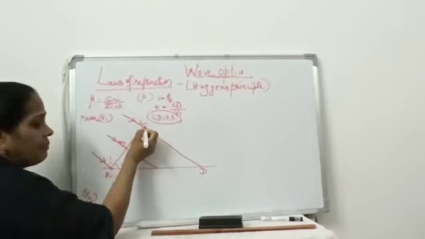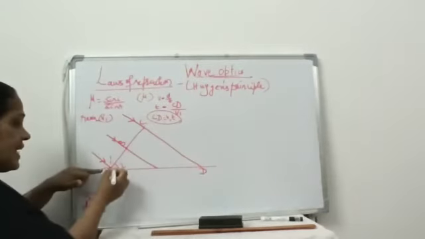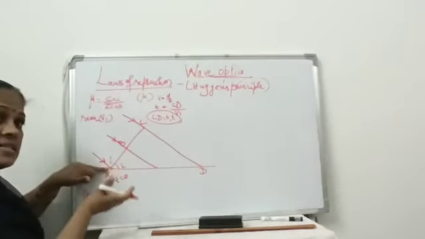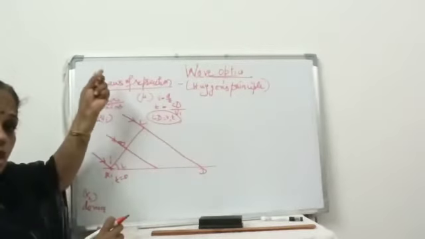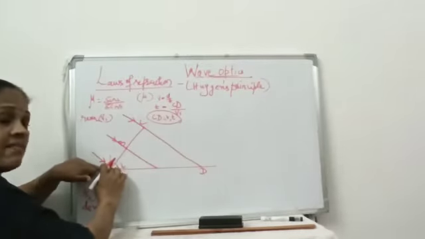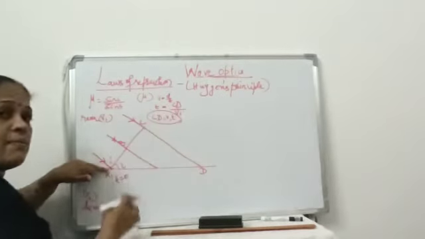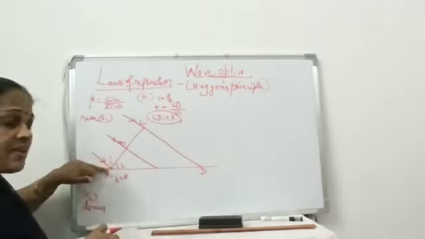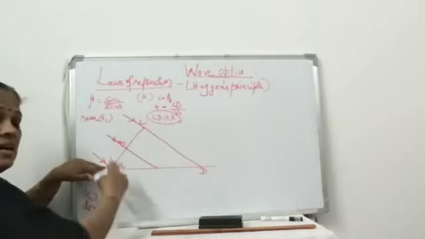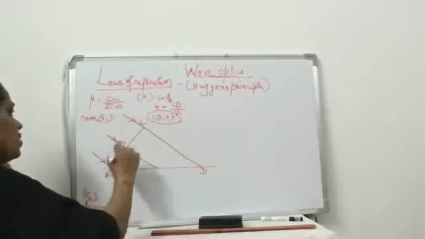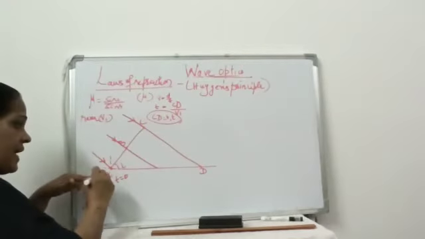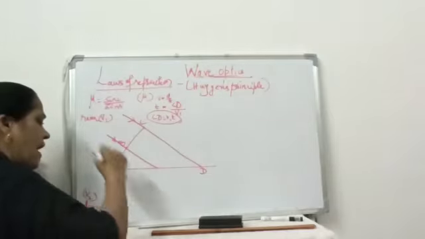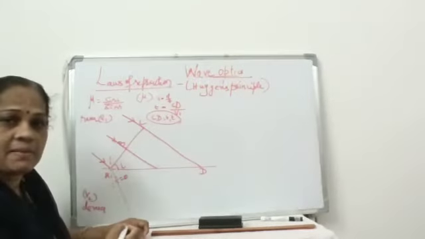So during the time when C reaches D, the secondary wavelet that originated from A at time t equal to 0 would have travelled a certain distance in the second medium. See, in the laws of reflection, the secondary wavelet that started from here travelled in the same medium. Now this is refraction, so the secondary wavelet will travel in the second medium.